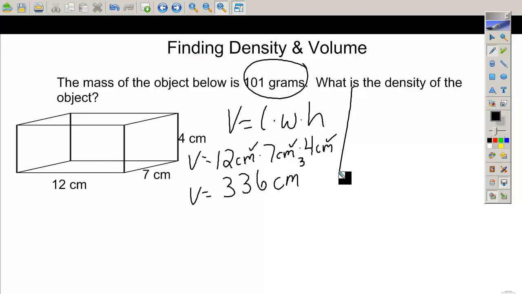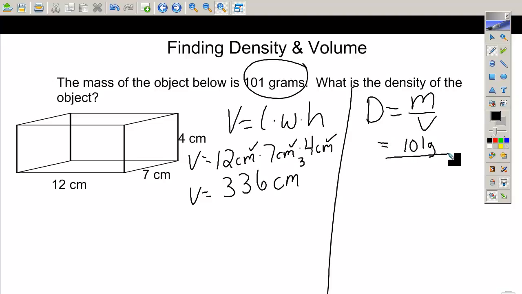The next thing we need to do is take our volume and apply that back to our density formula. Density equals mass divided by volume. Mass is 101 grams. Our volume now is 336 cubic centimeters.